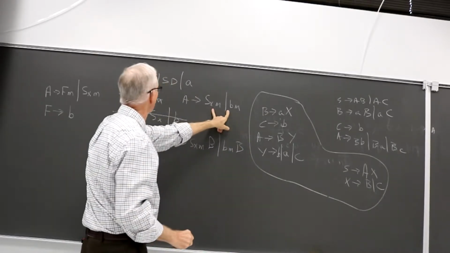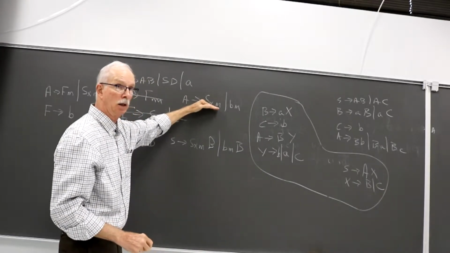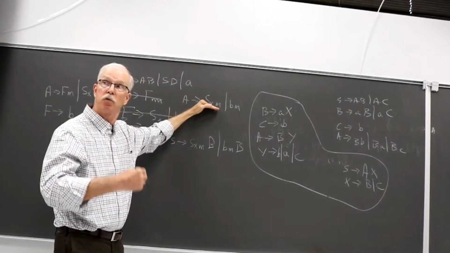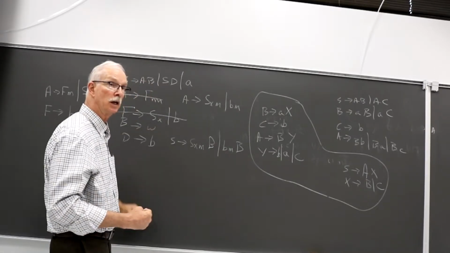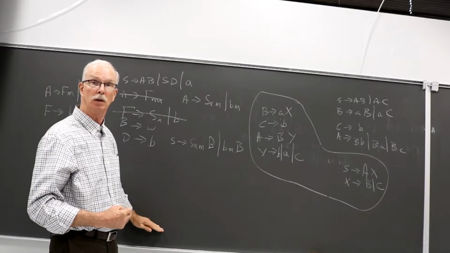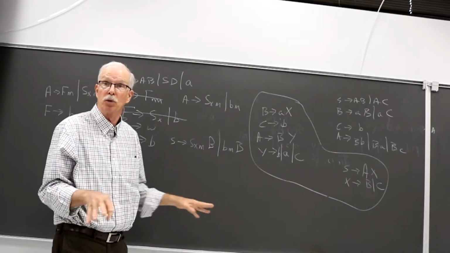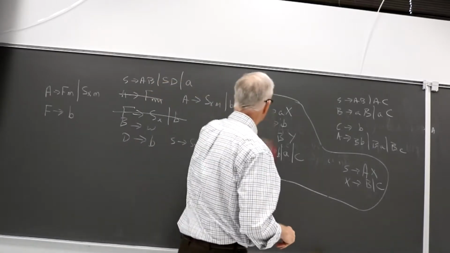See, again, I got to put them both in for A. And if I'm going to throw out A, I got to put it in for A everywhere. So if I had an A down here someplace, I'd have to put A in down there as well. If I'm going to throw A out, I got to put it in. So I've got all the choices.